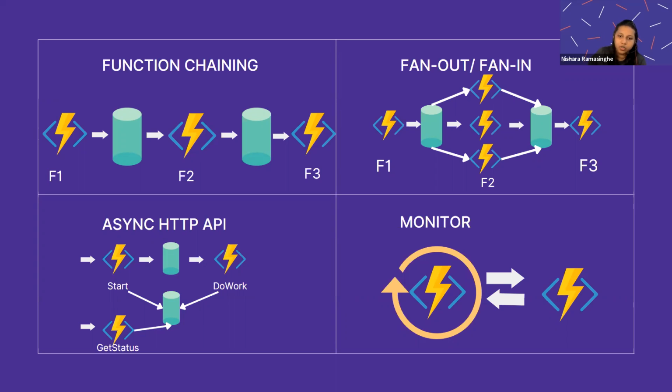And the next one is the monitor pattern. In here the same thing happens as in async HTTP APIs, but there's a difference. This one waits until certain conditions are met, so it's not like async HTTP APIs. Monitor is a flexible recurring process in a workflow.